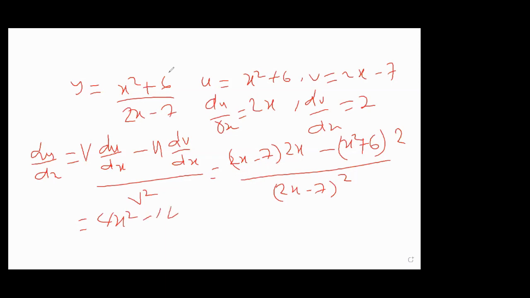This will give you, if you multiply this with this, minus 4x squared minus 12. Collect like terms. Collect like terms.